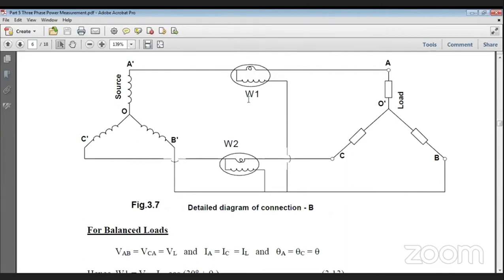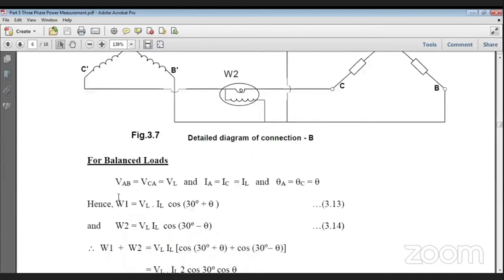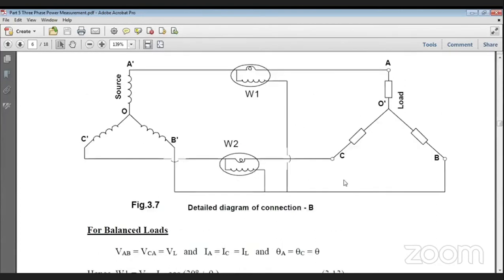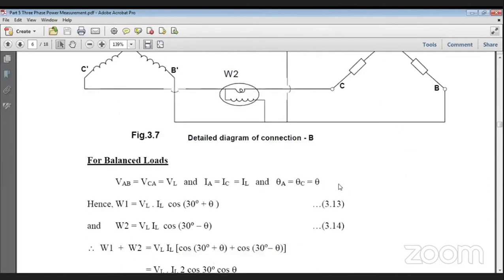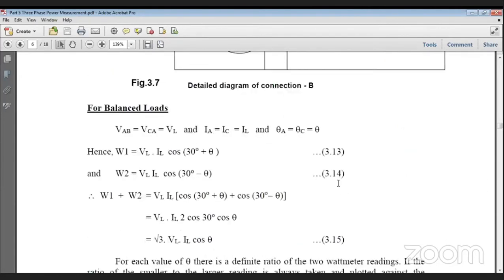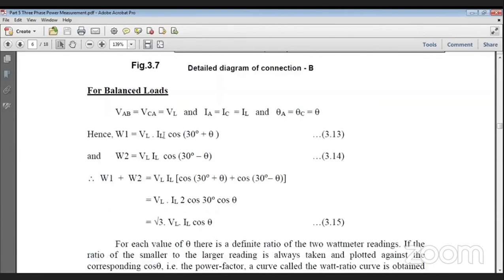Then this one, VCB, this potential coil, is also line voltage. And the two phase angles, theta A and theta C, will be equal because it is balanced. Let's say it is theta. So W1 will be VL into IL into cos of 30 plus theta. W2 will be VL into IL into cos of 30 minus theta.